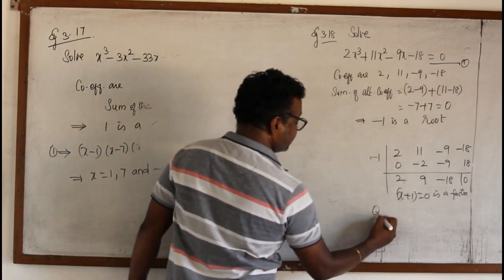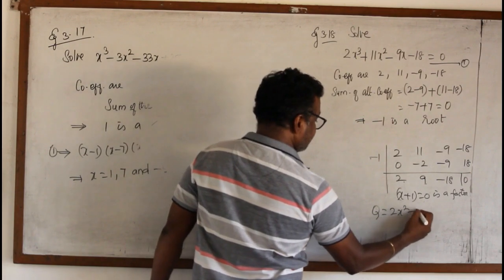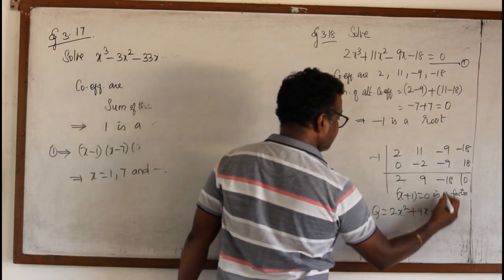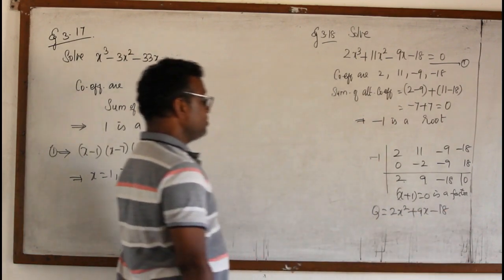Then the quotient is 2x square plus 9x minus 18 equal to 0.